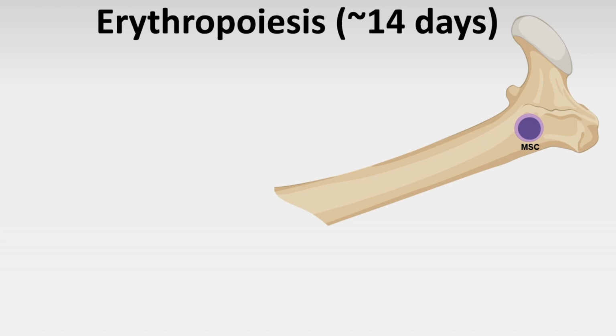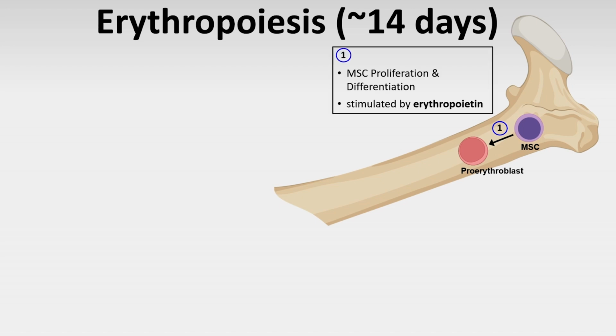The first trigger that stimulates the process of erythropoiesis will be differentiation and proliferation of the myeloid stem cell into pro-erythroblasts. And this process requires erythropoietin, a growth factor. Upon stimulation by erythropoietin, that's when your myeloid stem cell starts to proliferate and differentiate into your pro-erythroblast.